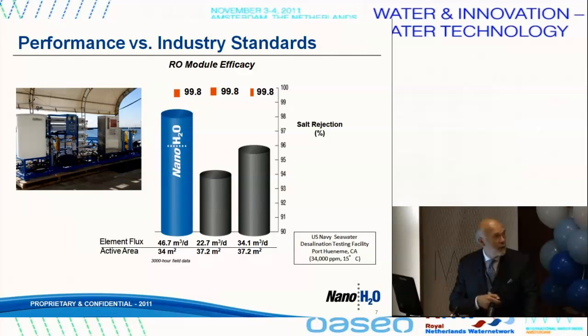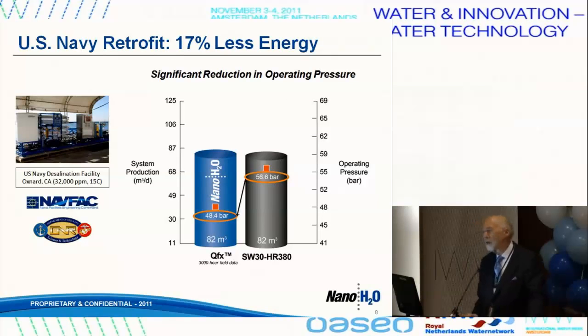There are some industry standard membranes which are almost 23 cubic meters per day, some that are 34 cubic meters per day, and have higher active area than we had at the time. We now have the same active area as these, but our element fluxes were considerably higher than some of the industry standard membranes.